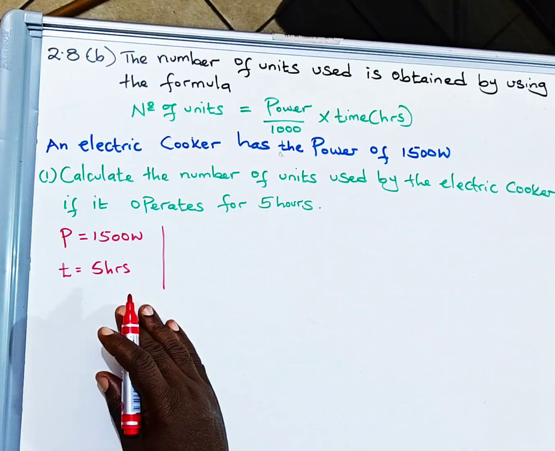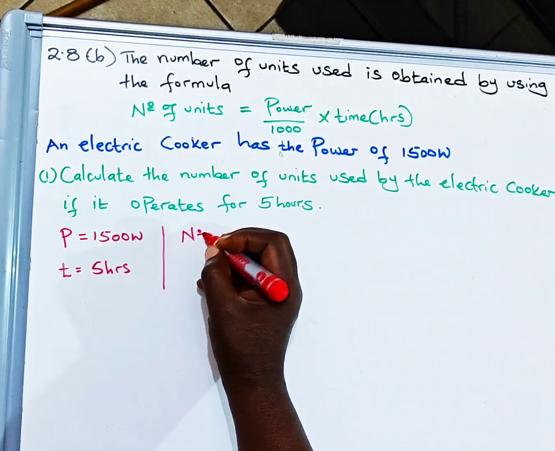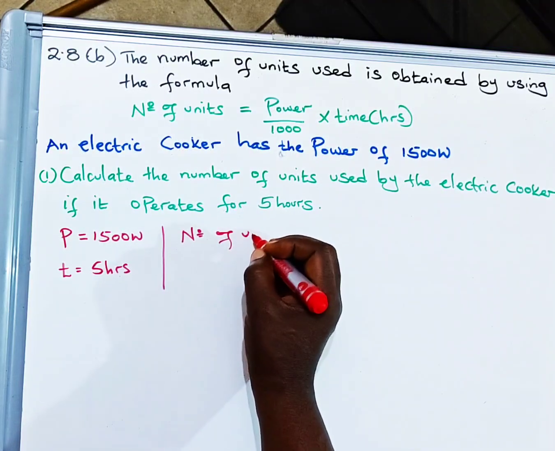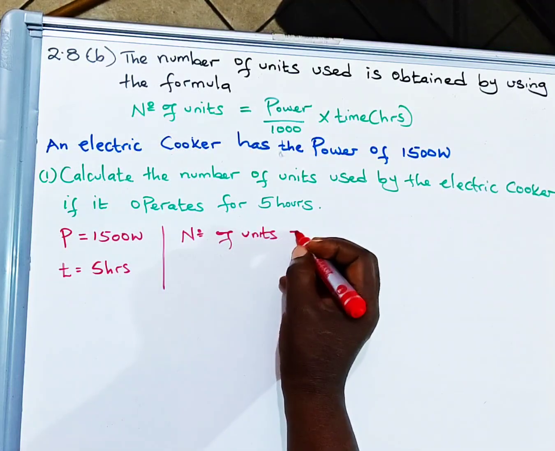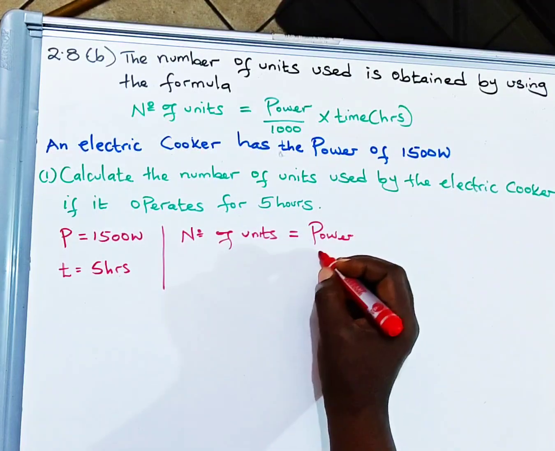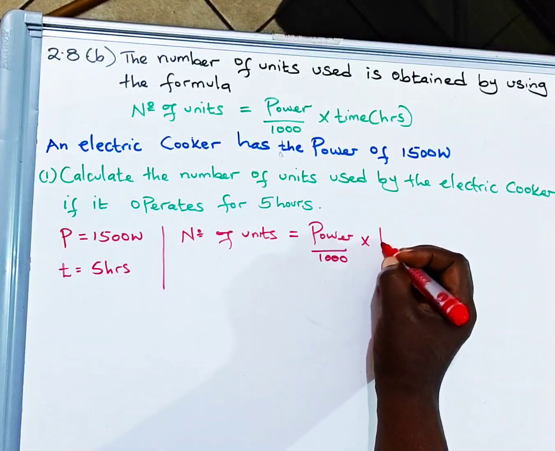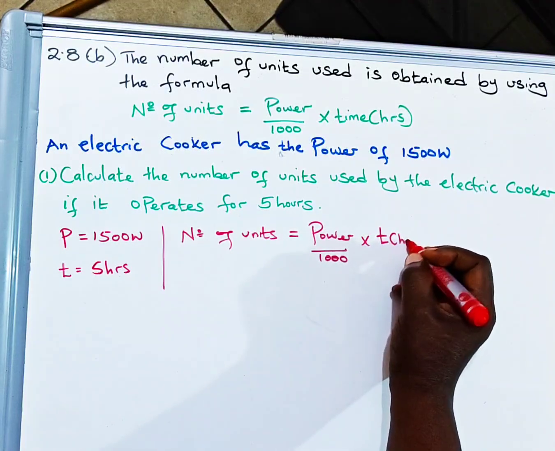We substitute in the equation. The equation says that number of units is equal to power over 1000 times time in hours.